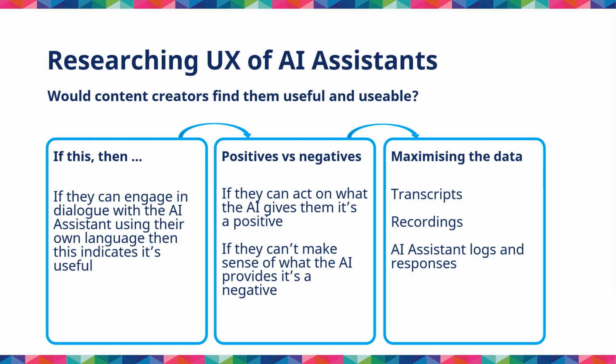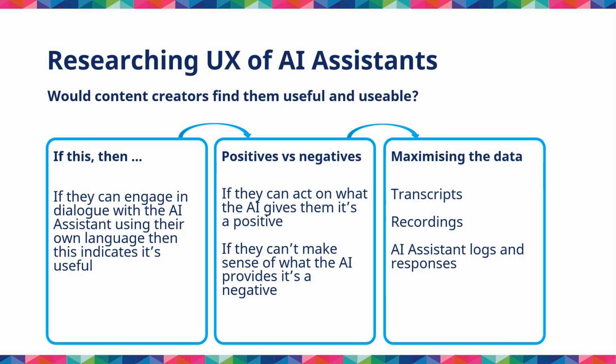So I set out and did some tests, working with Jamie and the Freely Give team to set this up, and setting out those indicators. If they can engage in dialogue with the AI assistant with a natural language query, that's a good indication. If they can then make some sense of what the AI assistant gives them back, again, positive or negative.